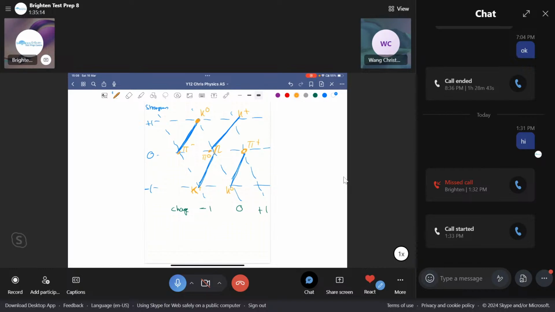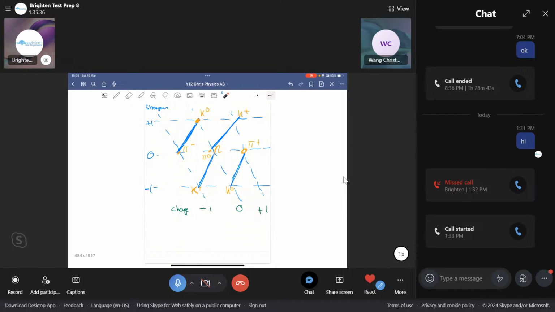Same strangeness, and that's why, for example, the eta here was predicted because of that logic, that it must exist like that. So that's why you see the hadrons are really strange creatures.